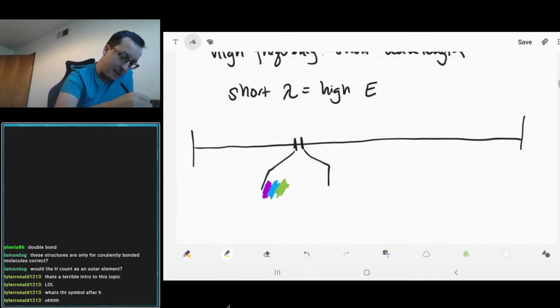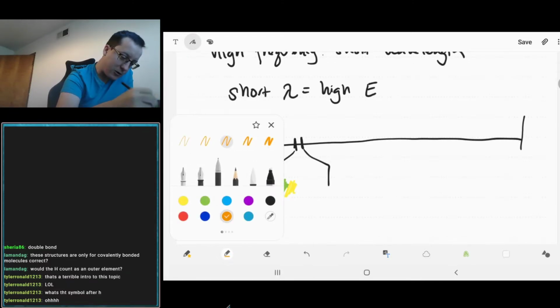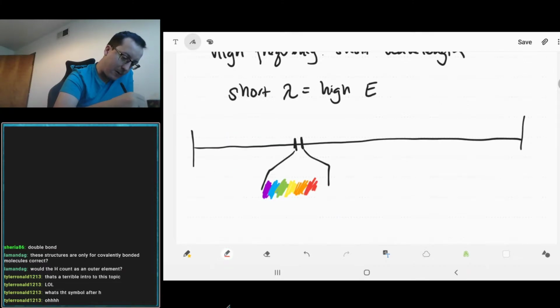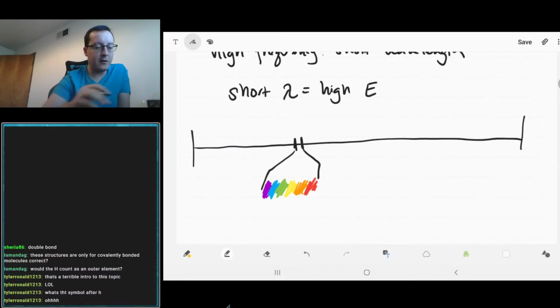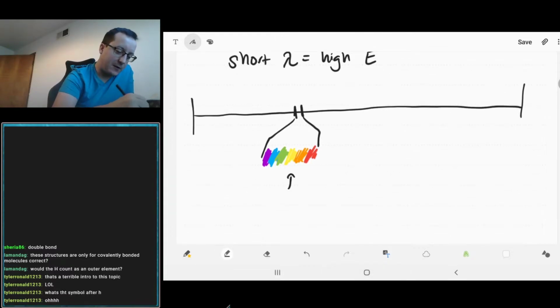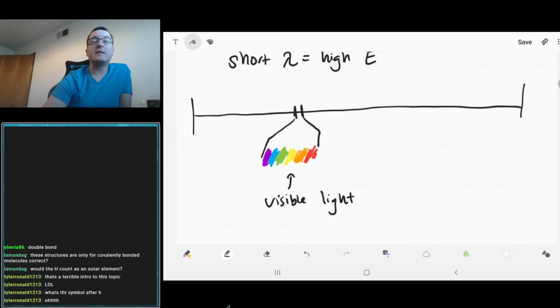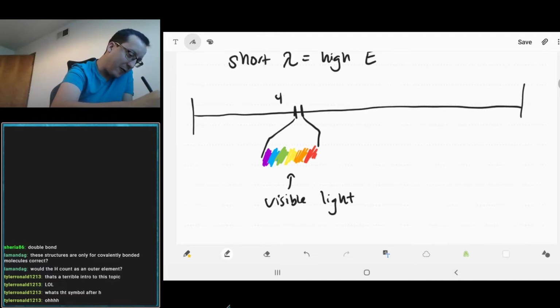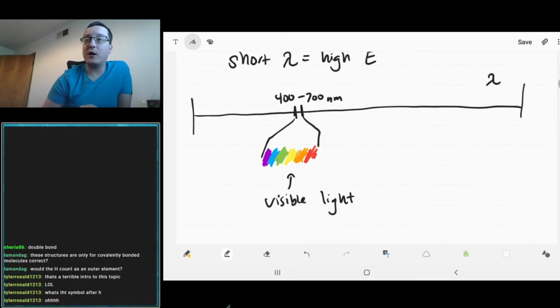And yellow, orange, and red. Okay, there we go. So here, we'll just pretend that's how far this goes. This stuff is visible light. This is stuff that we can see, hence it is called visible light. This goes from roughly wavelengths of 400 to 700 nanometers.